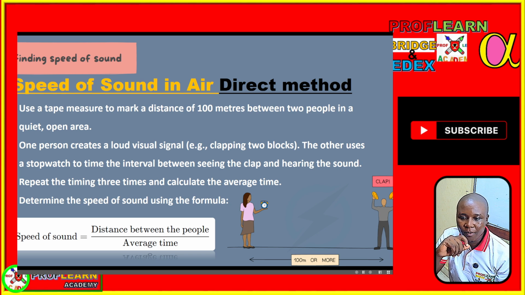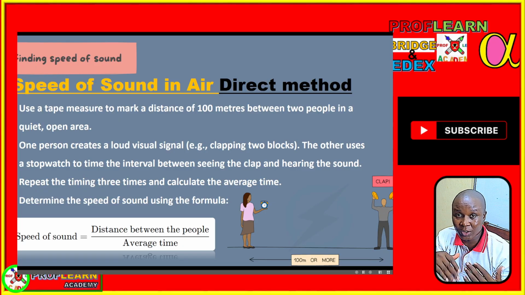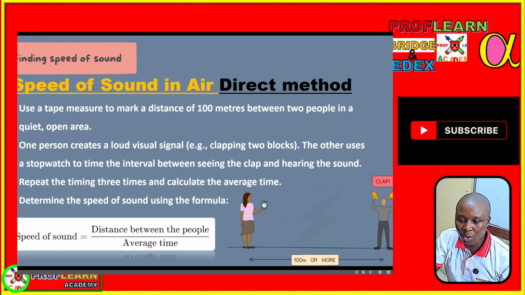So we can say, use a tape measure to mark a distance between two people in a quiet open area. Two people to stand some distance apart. In this case, the distance we can use should be around 100 meters. One person to create a loud visual signal by banging maybe wood together, and the other person to start the stopwatch when he sees the sound being produced, and stop when he hears the sound.